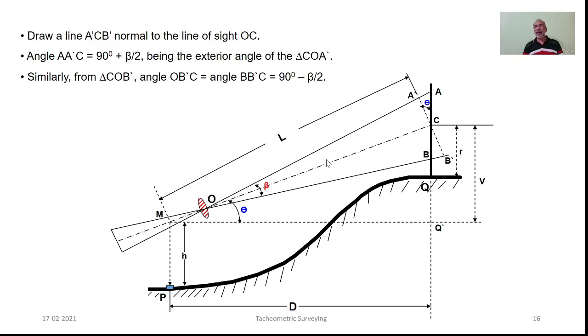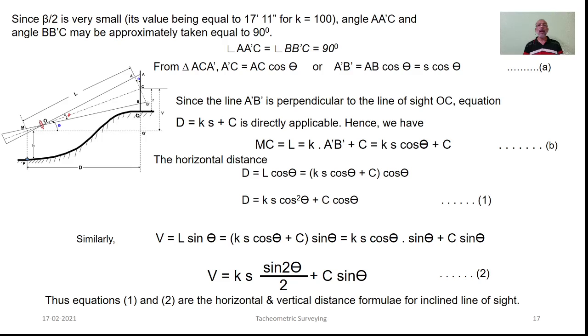In a similar manner, the angle B dash C O will be 90 degrees minus beta by 2. However, as beta is very small, angle A dash C O and angle B dash C O can be approximately considered to be 90 degrees.